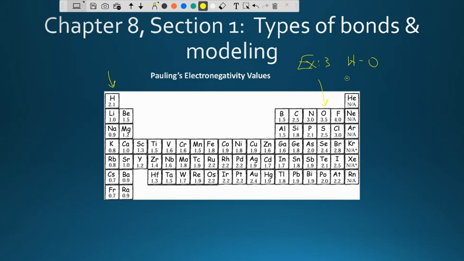Okay, so if I have the difference, my big number is going to be a 3.5 minus my 2.1. And I'm going to subtract that or divide that from the 3.5. We're going to multiply that then by 100%, and we're going to roughly get 40% ionic character. Okay, so what that means is your oxygen is going to pull the electrons 40% more than hydrogen, but that's not enough to keep it overall.